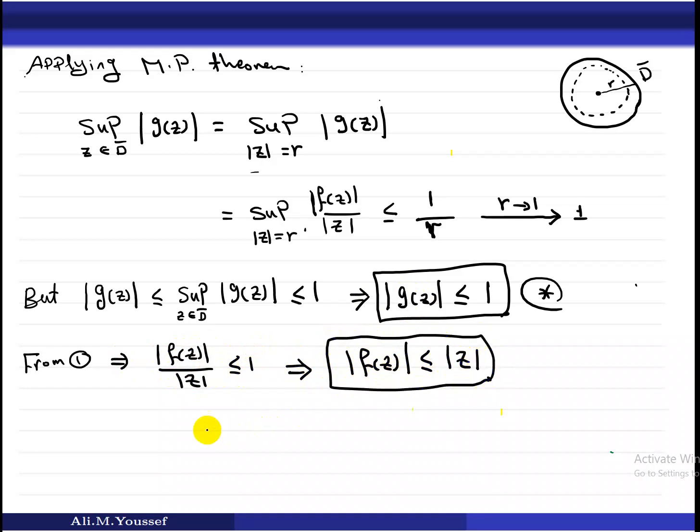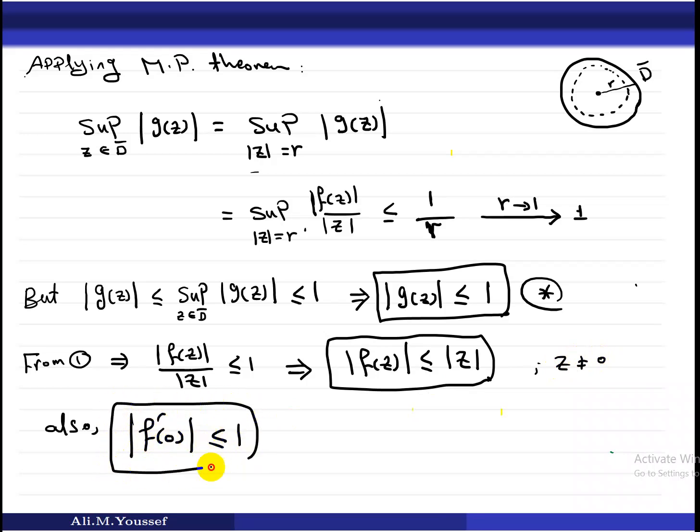This is the first one. This is when z is not equal to 0. And when z is equal to 0, we have the modulus of f prime of 0, this is g of z, less than or equal to 1. This is when z is equal to 0. So this is I and double I.